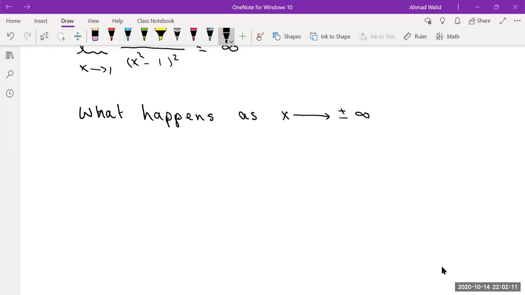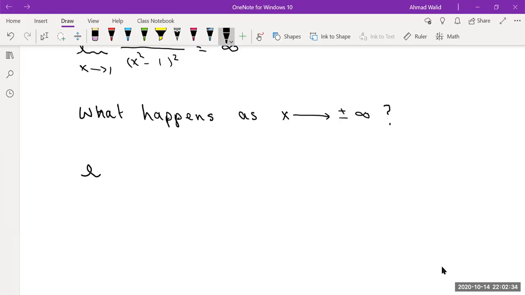Before, x was approaching a number, but the function was approaching infinity. Now, what happens if x approaches infinity? What will the function do? That's the topic of discussion in this section, correct?